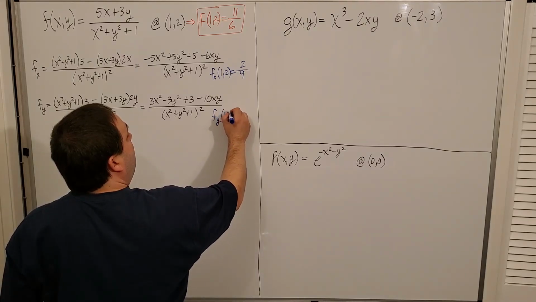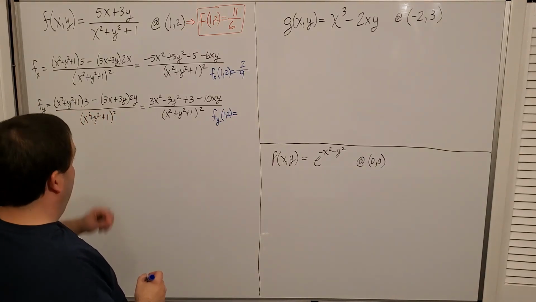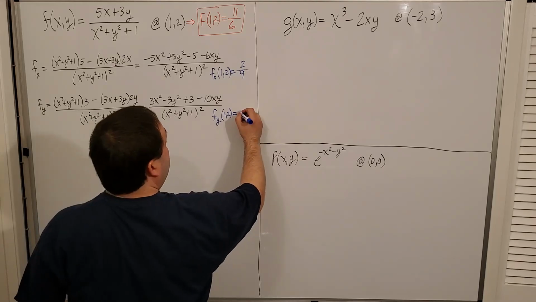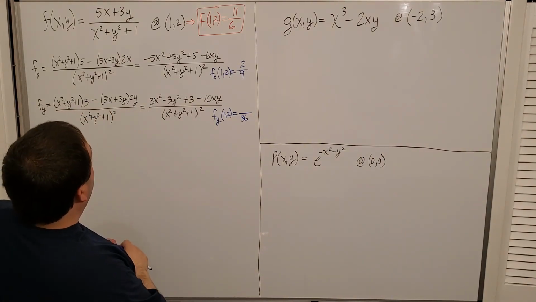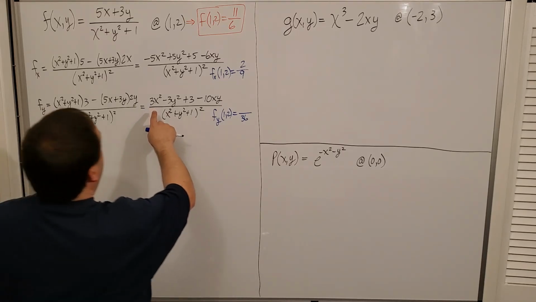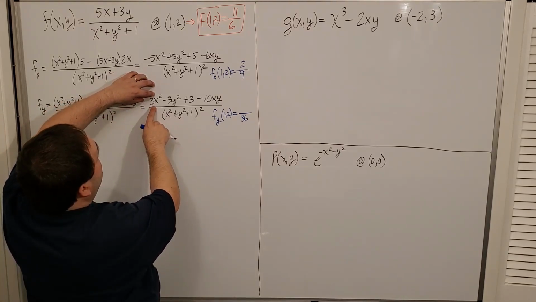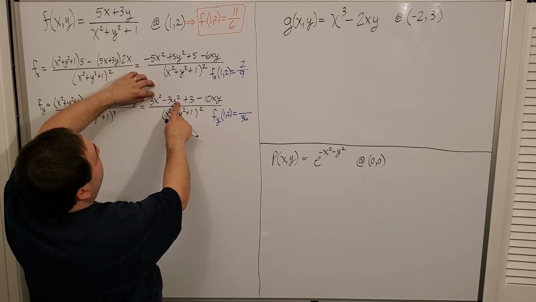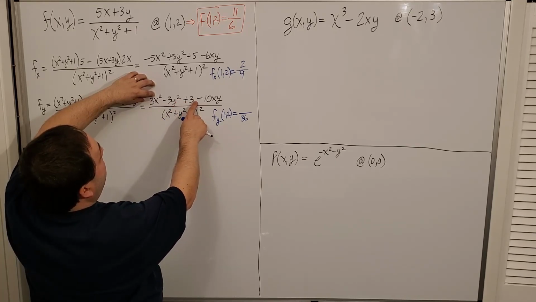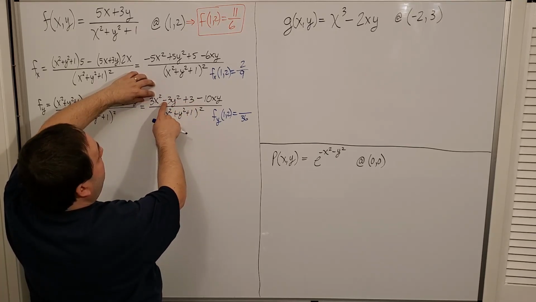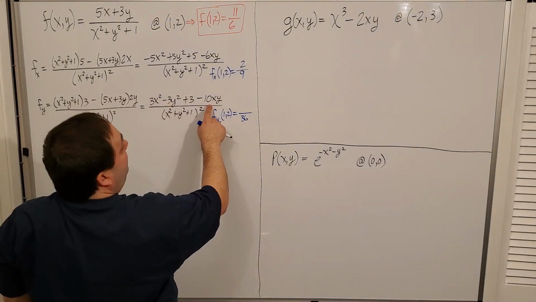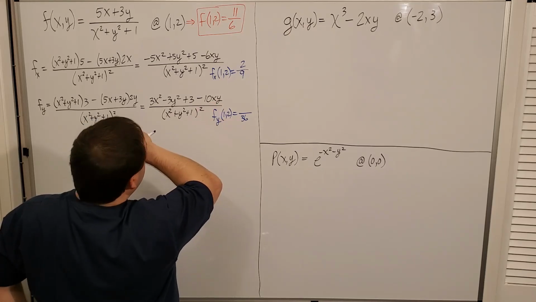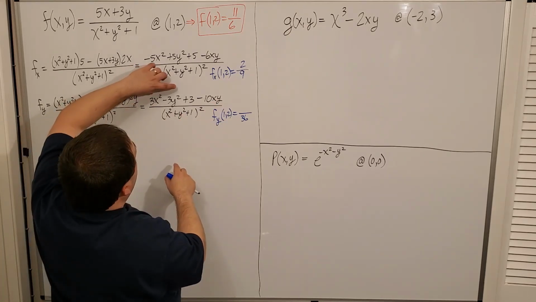F sub y at 1, 2. Obviously, my denominator is going to be just like it was before. It'll be that 36 that we had. But now I'm going to have 3 minus 12 plus 3. So 6 minus 12 is -6. And then I've got -20 here, right?